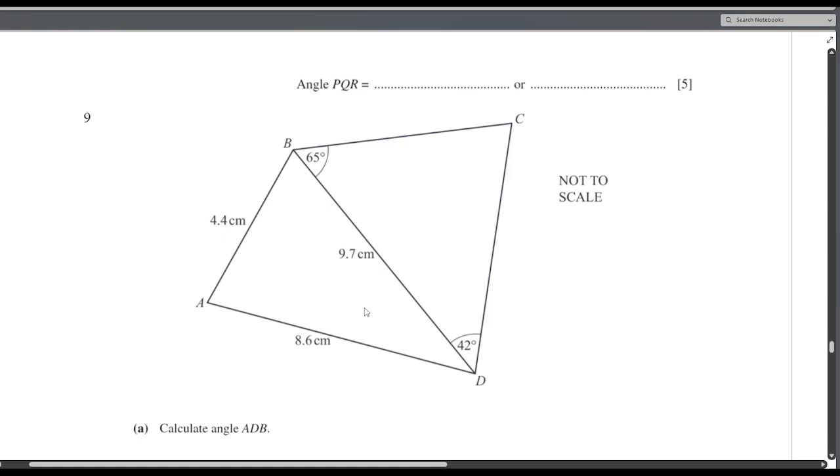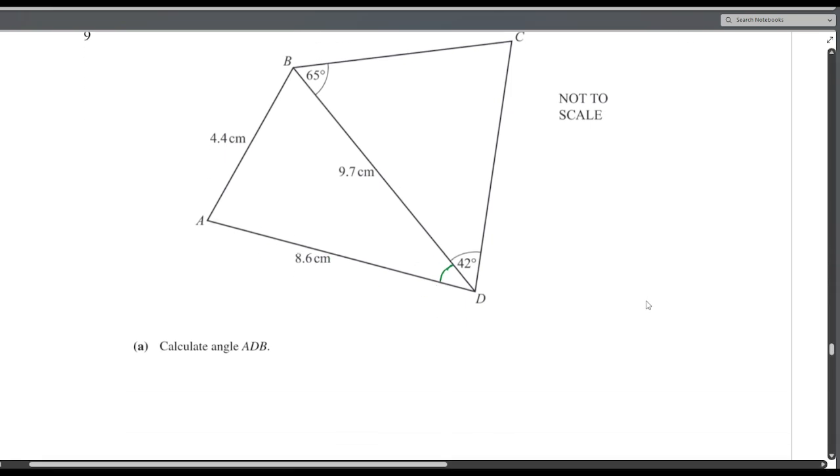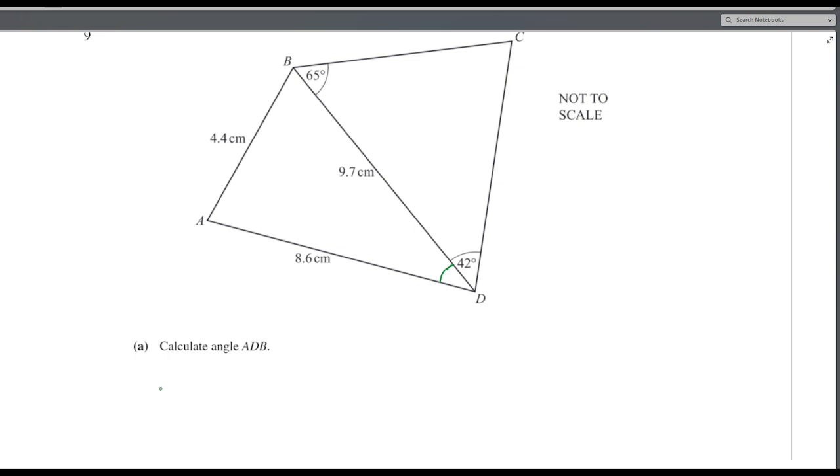Question number 9: calculate angle ADB. I have to find out this angle ADB. All the three sides are given, so definitely the cosine rule.